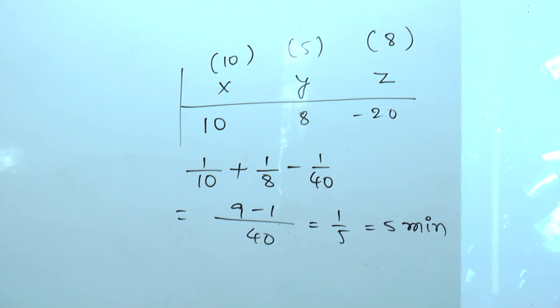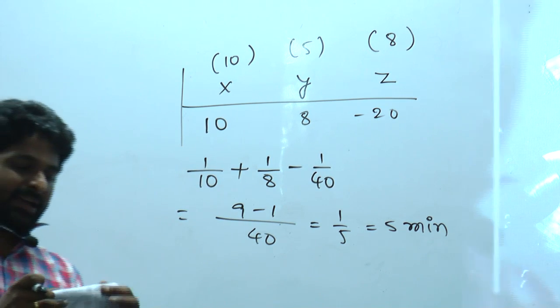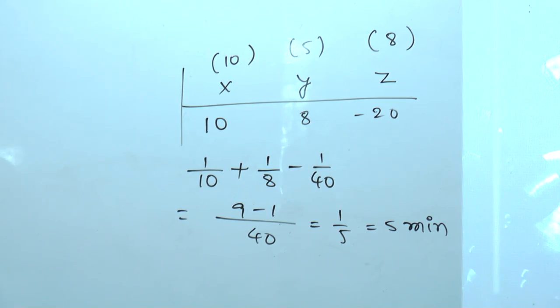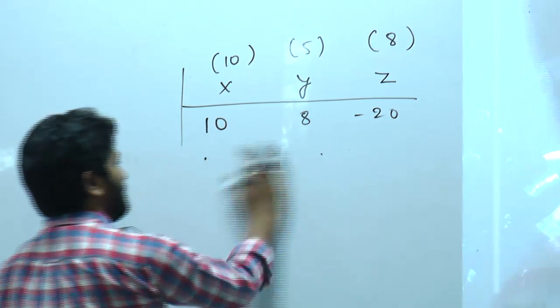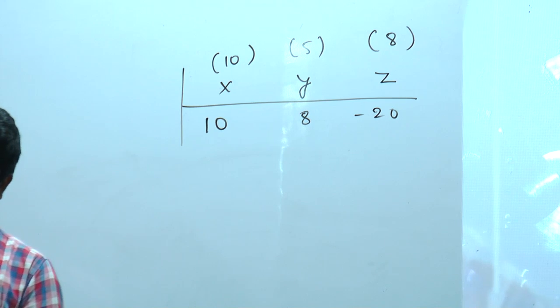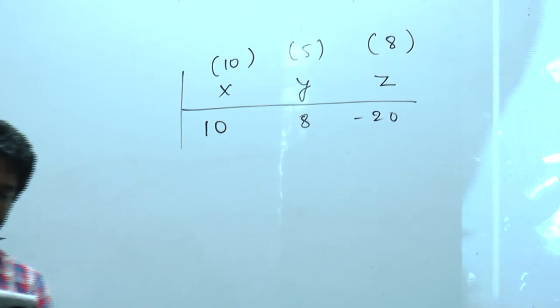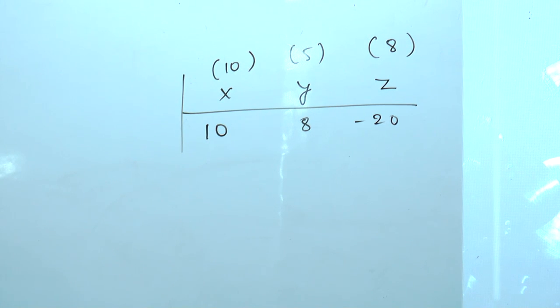You can even start this question with the units method also, no issue at all. Next, 59. If the tank is half full, set X and set Y are closed, how many minutes will it take for set Z to empty the tank if alternate taps of set Z are closed?